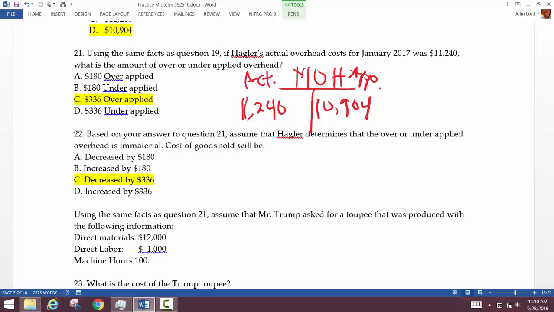We're under applied by what? By 336. So the answer here is not C, but it is what? D. Why don't you bubble that in for me? Or circle it and strike out, put a big mark through that C. Good. I messed that one up. Thank you for correcting my error.